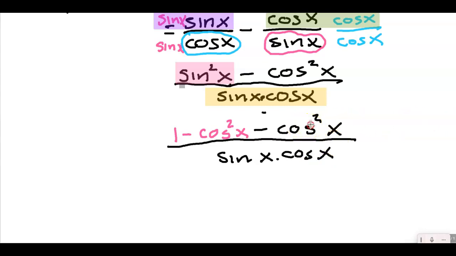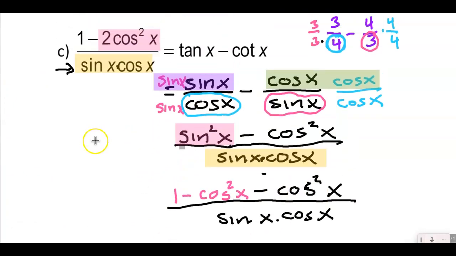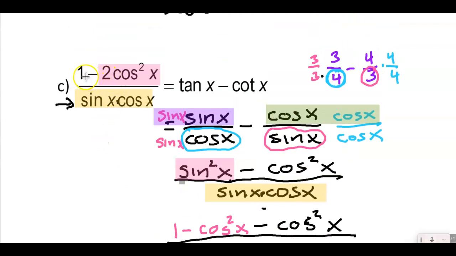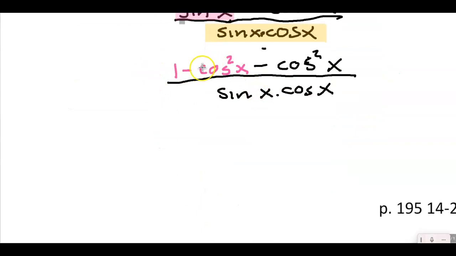Okay. And what can I simplify here? Does that top simplify in any way? Yes, and look where we're trying to go. We're trying to get to 1 minus 2 cosine squared. Is that what this equals?